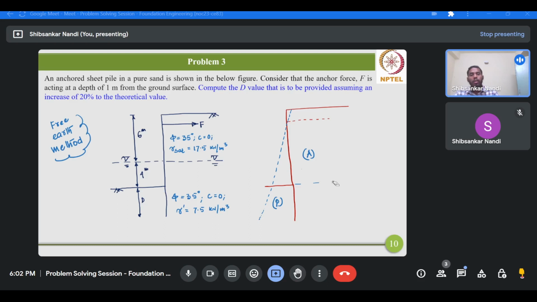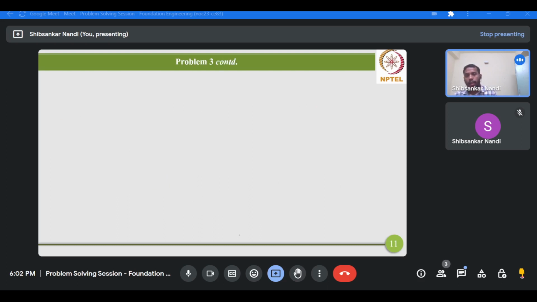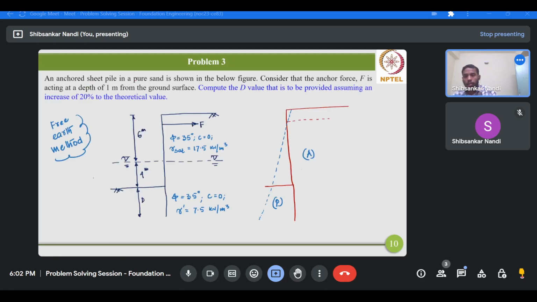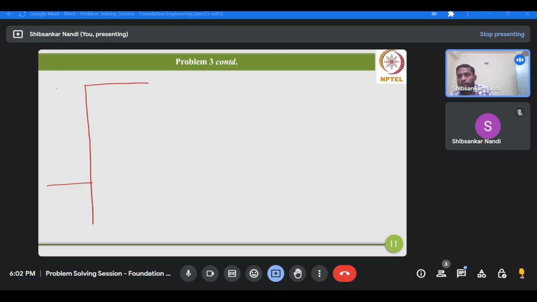So we'll try to determine the net earth pressure diagram first. The wall now has a total height of 10 meter.